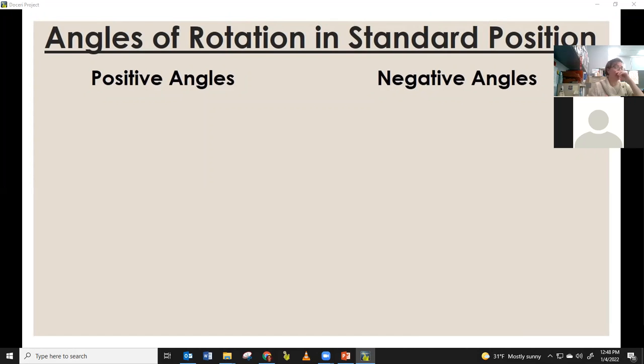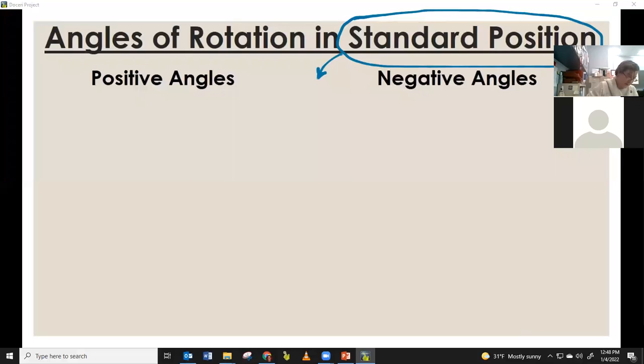So we are going to begin our discussion today talking about angles of rotation in standard position. So first I want to define what standard position is. Standard position is when the initial side of an angle is on the positive x-axis.